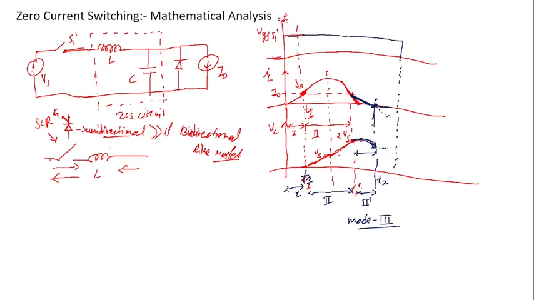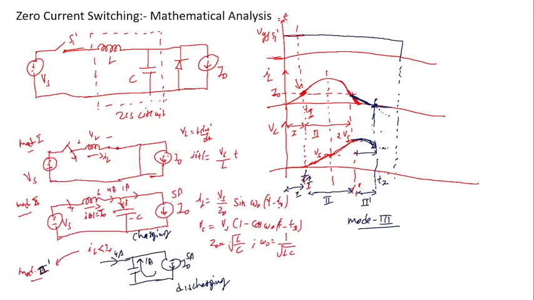So please be careful about this sign convention. So let's again take the topic. Here after this T2, current becomes 0 and it cannot go in the negative direction. So the question is how this capacitor voltage will dissipate, because there is no resistive load. After this T2, mode 3 will look like this circuit.